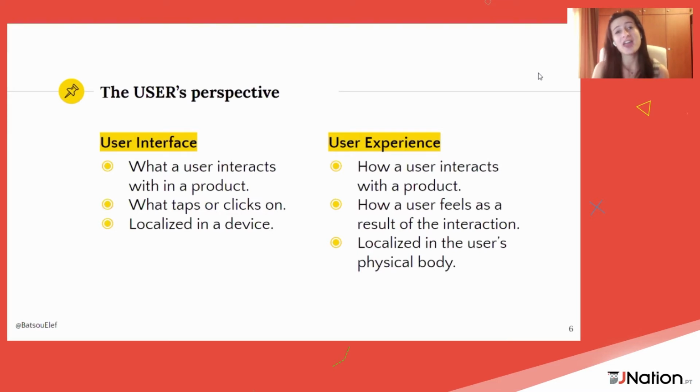On the other hand, the user experience from the user's perspective is how a user interacts with a product and how a user feels as a result of that interaction, and the whole experience is localized in the physical body. Is he cracking a smile? Is he disappointed? This is user experience.